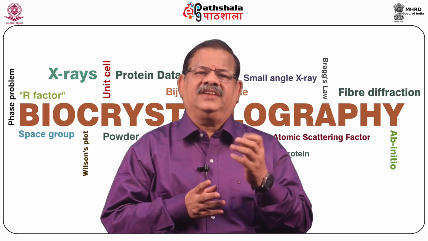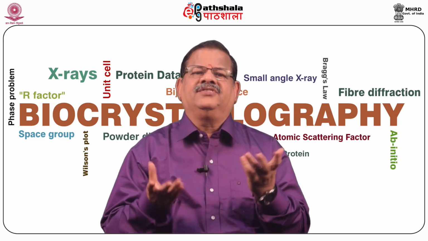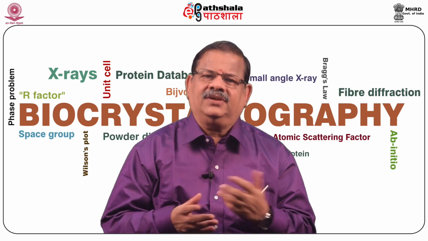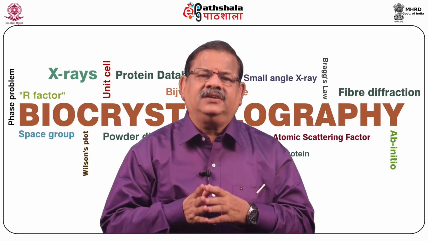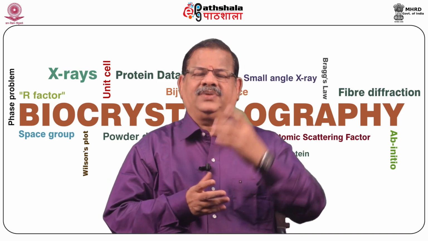So in general we assign them the symbols A, B, C, D, E and so on, where the individual symbols can have signs plus or minus, which will be estimated during the process of sign propagation or phase propagation.